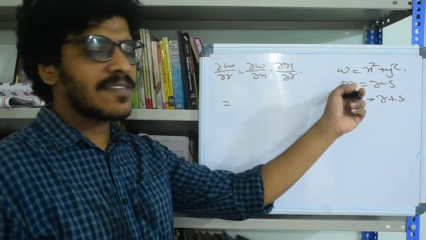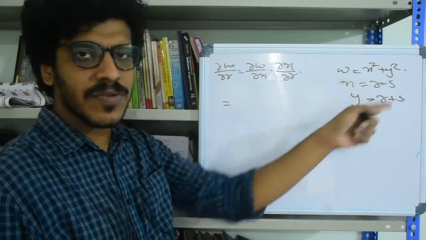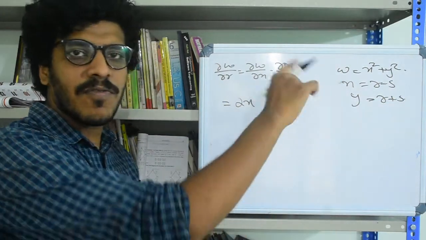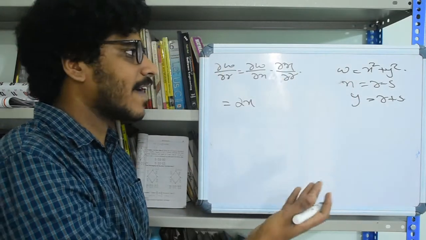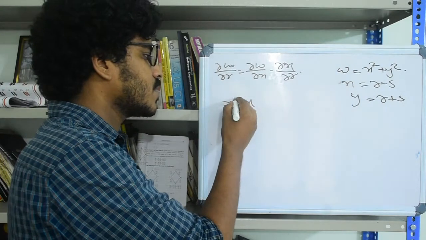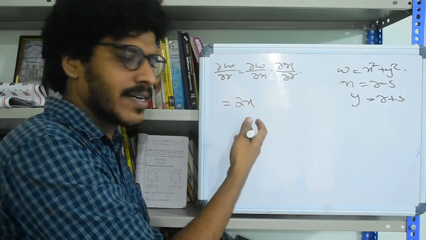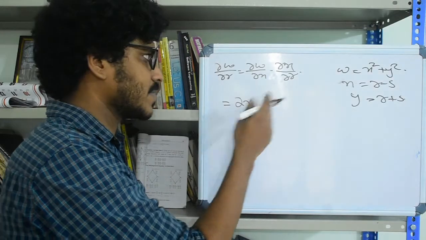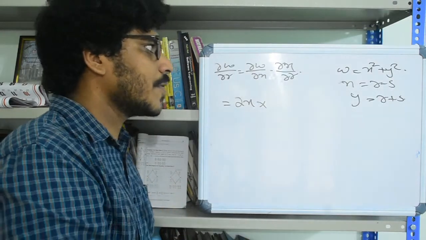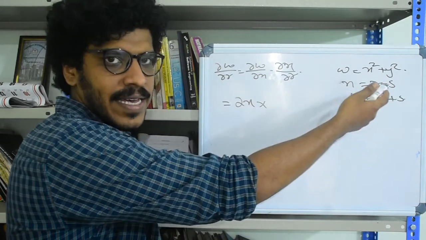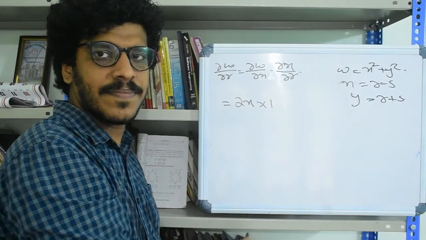The partial derivative of x square plus y square with respect to x, which is nothing but 2x, as y square itself acts as a constant when we differentiate with respect to x. So the derivative of x square is what matters here. So derivative of x square with respect to x is 2x into dou x by dou r, dou by dou r of r minus s, which is nothing but 1. Right.